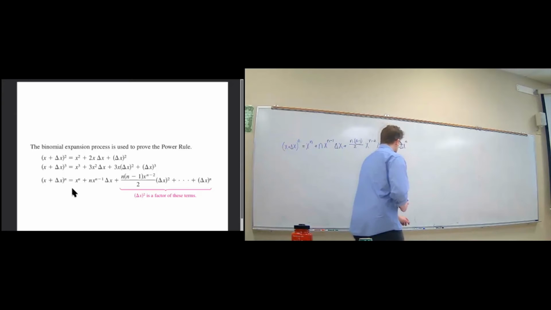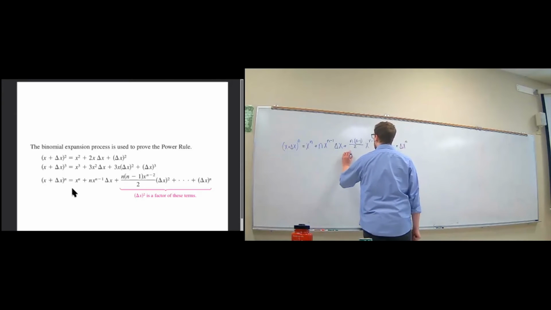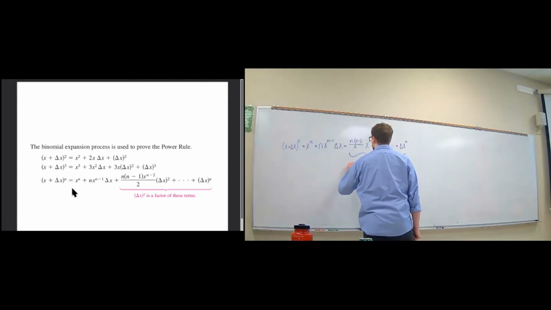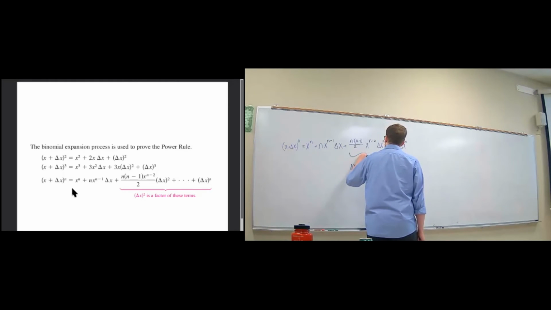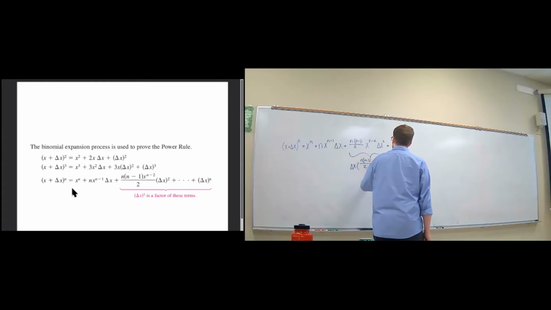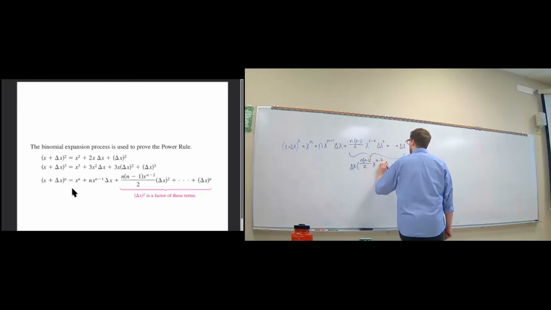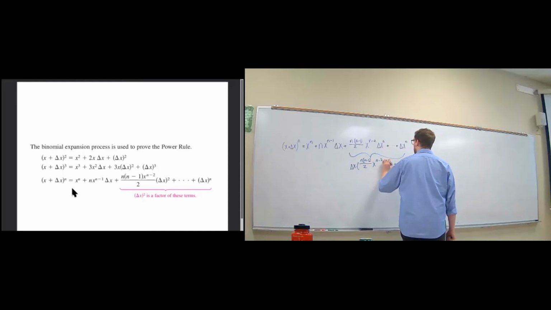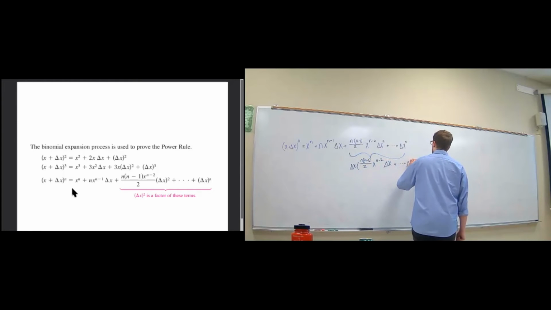Now, what to notice is that here we can factor out delta x to get n times n minus 1 over 2 x to the n minus 2 plus, plus delta x to the n minus 1.